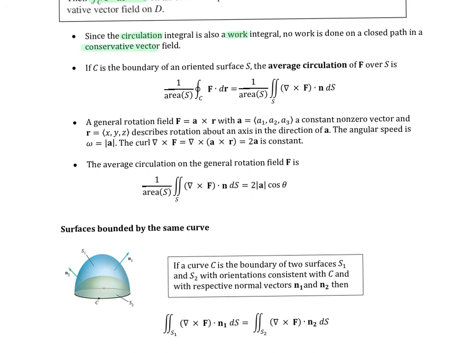If the vector field is conservative, no work is done. We also computed average values, so we can compute average circulation. Just compute the surface integral and divide by the surface area, or compute the line integral and divide by the surface area.